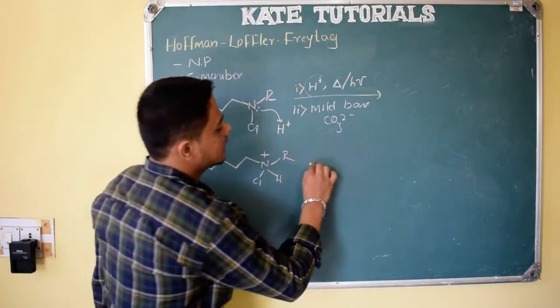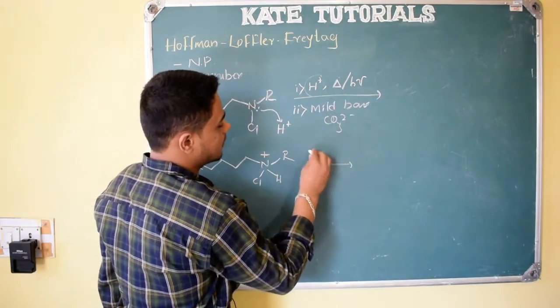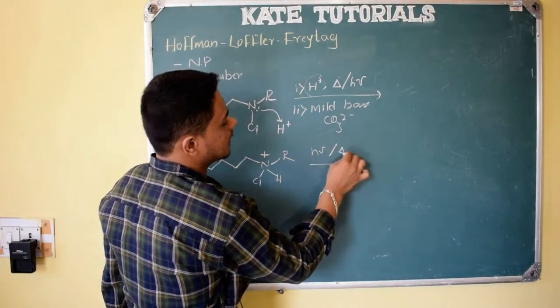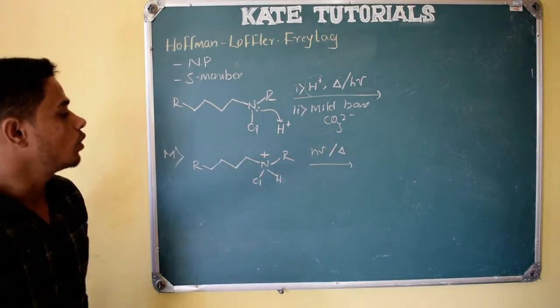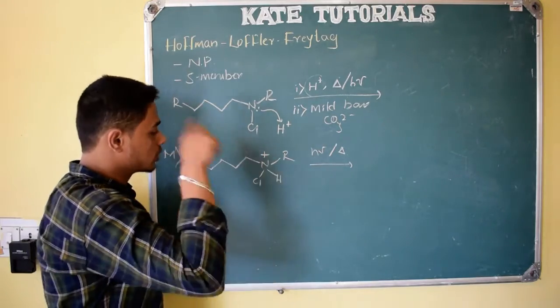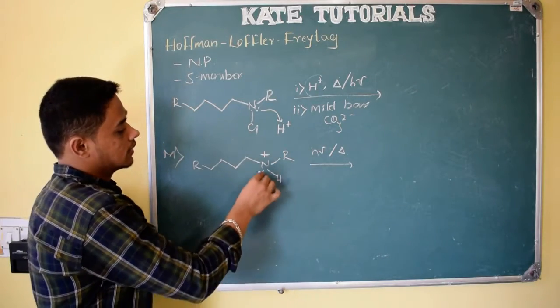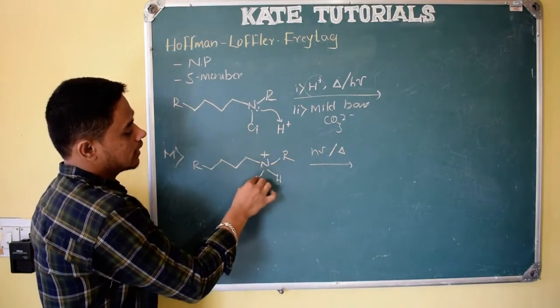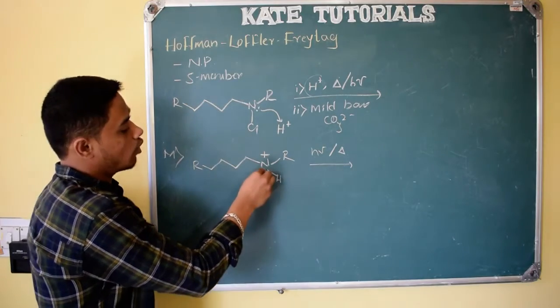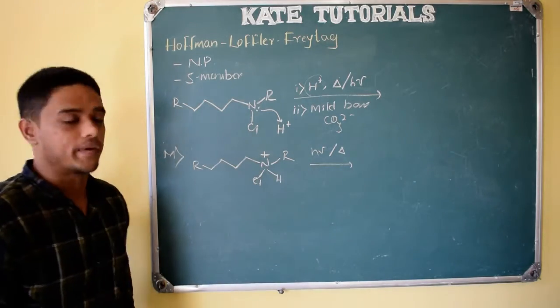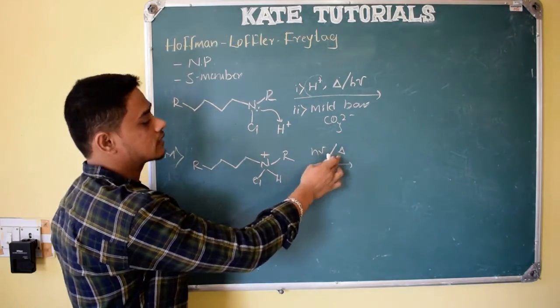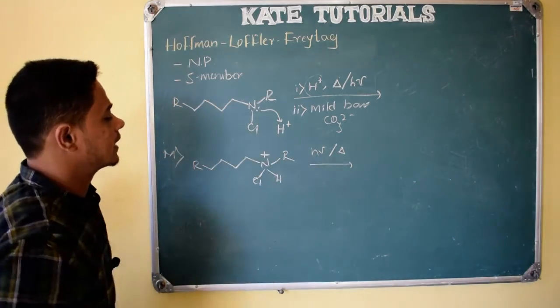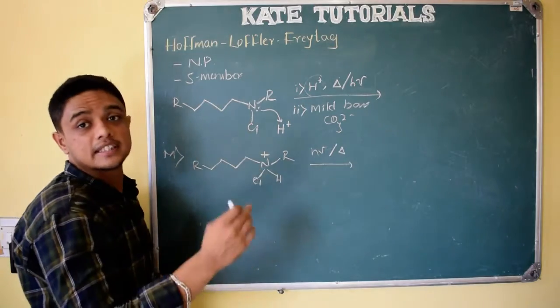In heat or light condition, thermal condition or photochemical condition, the reaction will undergo. One thing you should remember: nitrogen and chlorine are heteroatoms, and the bond between these heteroatoms will be too weak. So in thermal or photochemical conditions, homolytic splitting occurs.